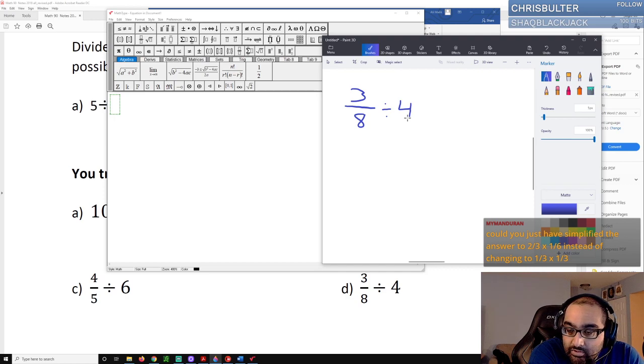Could you have just simplified the answer to 2/3 times 1/6, changing it to 1/3? So the reason why I changed it to 1/3 times 1/3 in that previous problem is because we wanted to reduce before actually multiplying straight across. If you'd multiplied straight across, you would have gotten 2/18.